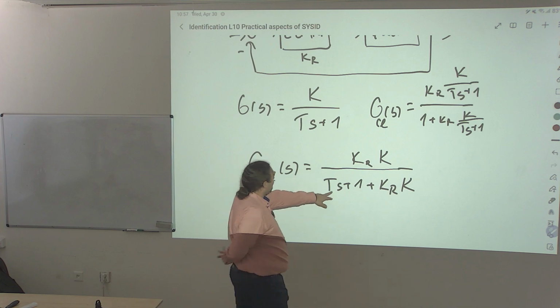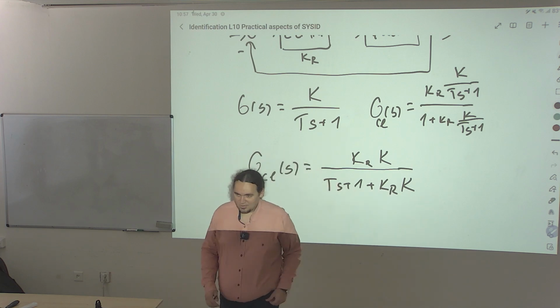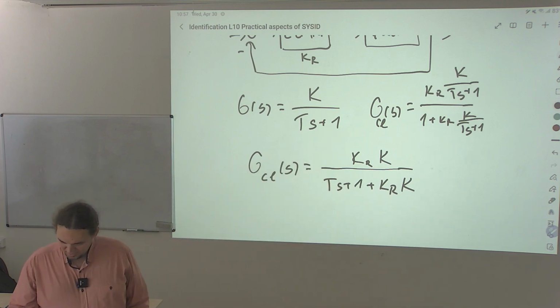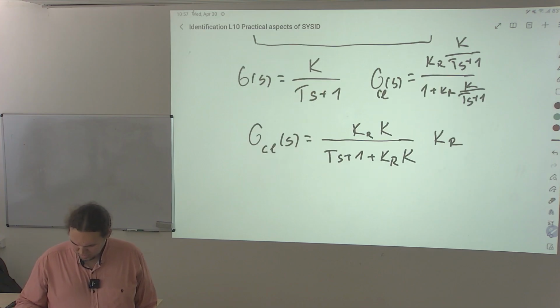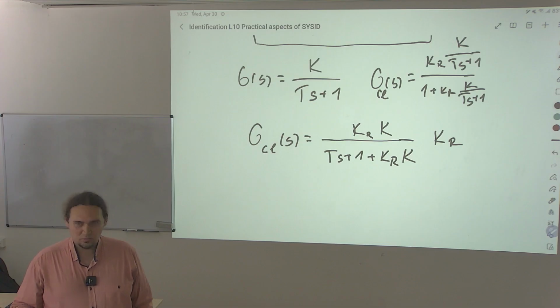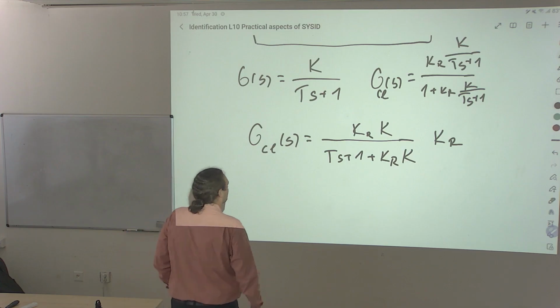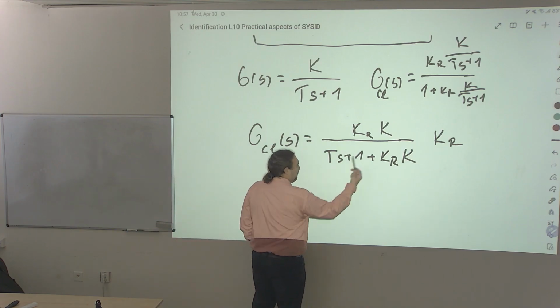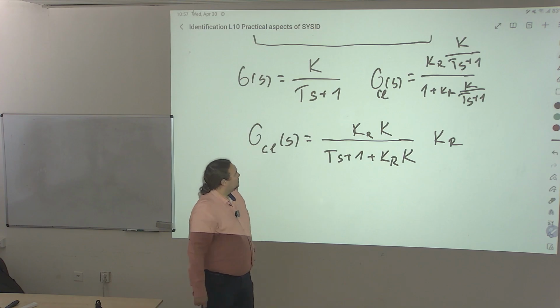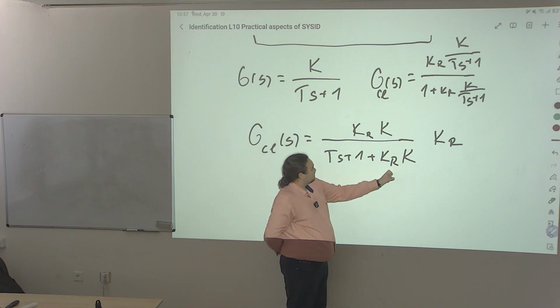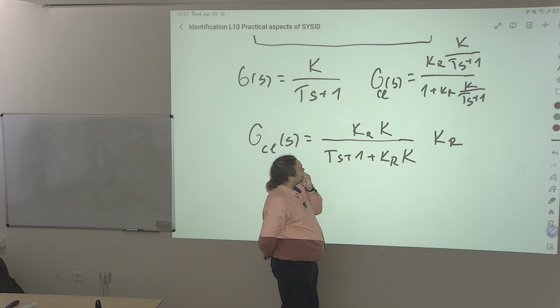So basically, we need to just design KR. The whole question is whether by choosing the correct KR we can push this unstable pole to be stable, but it should probably work, right? If this K is positive, probably we need a negative K.